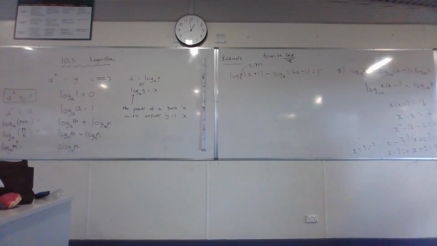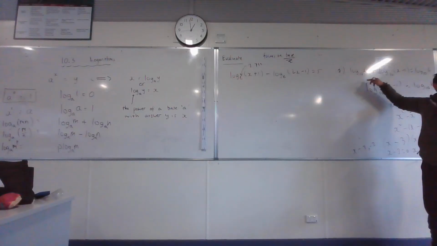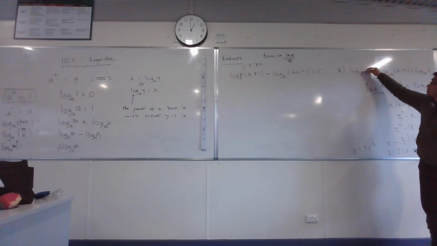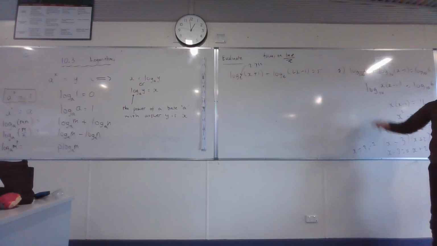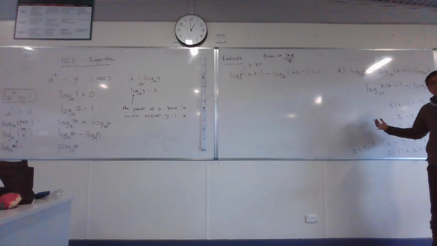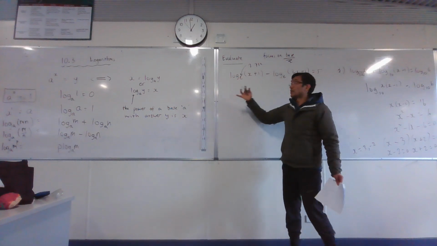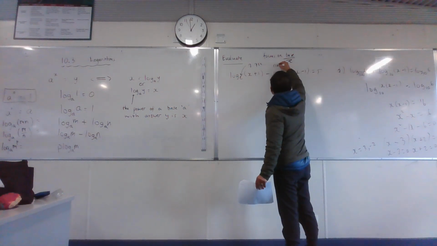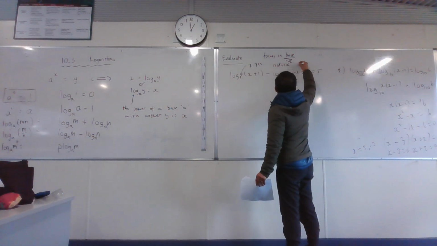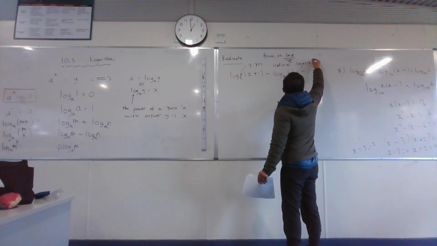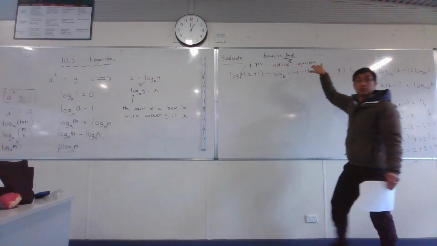It's actually a number. Because over here, log 10 has an actual base number. e is not a letter. It stands for the natural. It's called the natural logarithm.